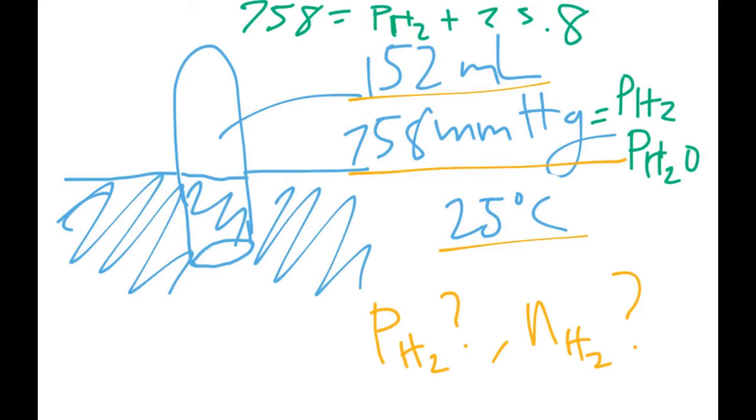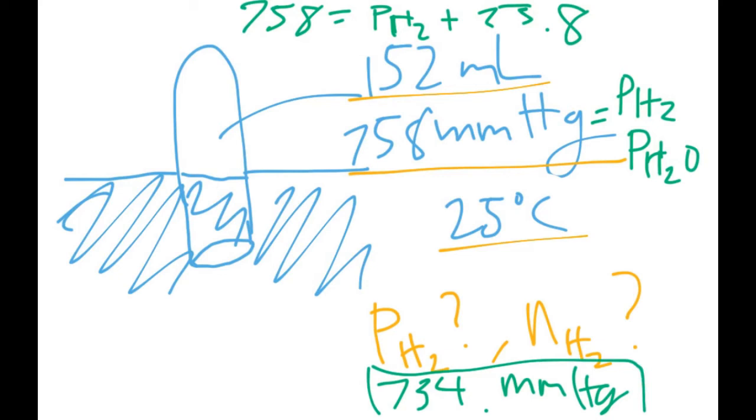Now, subtracting 23.8 from both sides, you get the pressure of H2 to be equal to 734 millimeters of mercury, and that is the answer for the first part of the question.